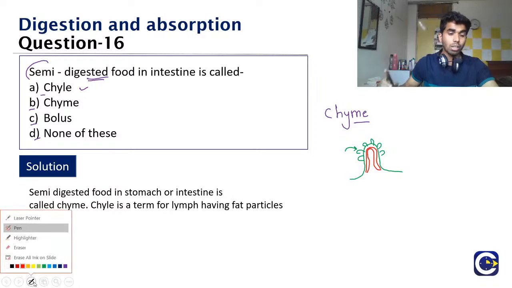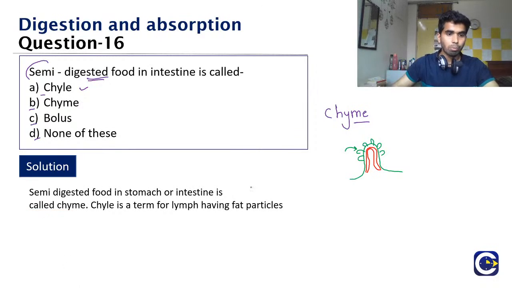But one important fact is that lipids cannot directly enter our blood. For that, only one lymphatic vessel is present in the villi, and that is known as lacteal.